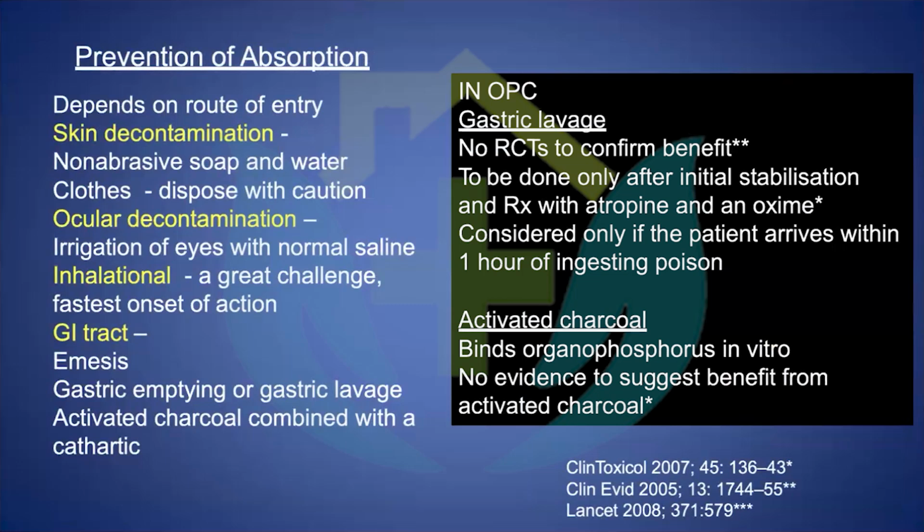In OPC poisoning, no RCT has confirmed benefit of gastric lavage; it should be done only after initial stabilization. Treatment with atropine and oxime should be considered only if the patient arrives within 1 hour of ingestion of the poison. Activated charcoal can bind organophosphorus in vitro, but no evidence suggests benefit from activated charcoal.